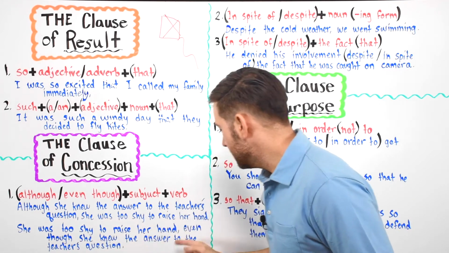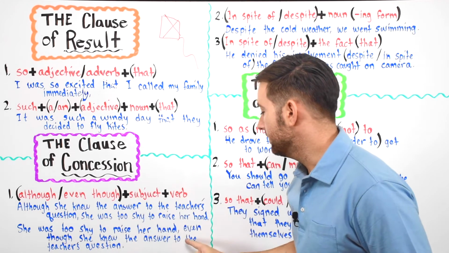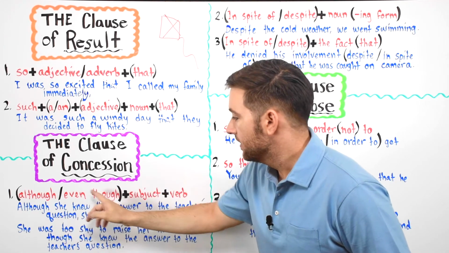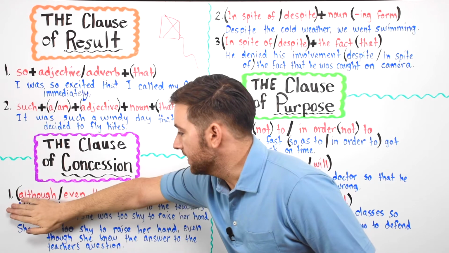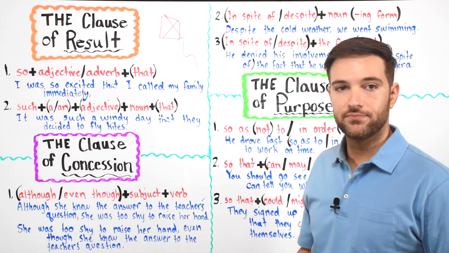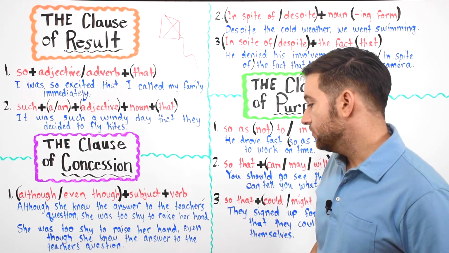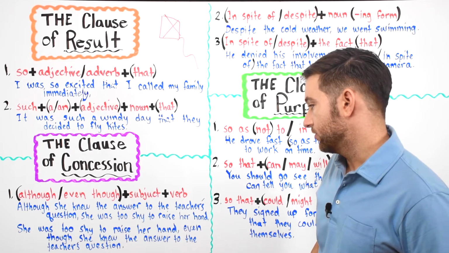So in this case, we have even though in the middle. Okay, even though goes in the middle. In this case right here, even though and although go in the beginning. Okay, so beginning, middle. All right, so she was too shy to raise her hand even though she knew the answer to the teacher's question.